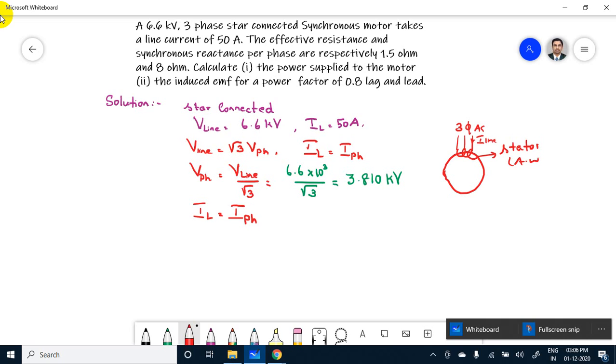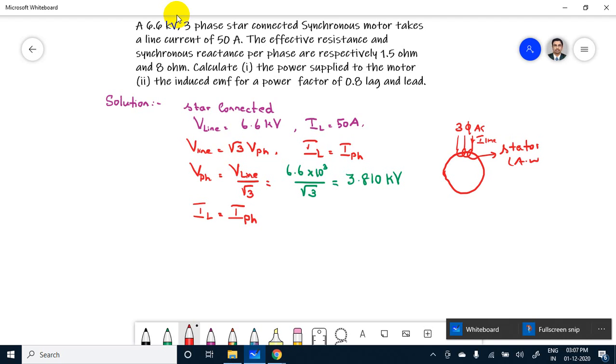The line current data is already available in your question, so we have to convert it into phase, because whatever values we calculate, everything should be in phase. Line voltage, phase voltage, EMF induced per phase, everything should be in phase. Based upon that concept, we are going to measure the phase current.